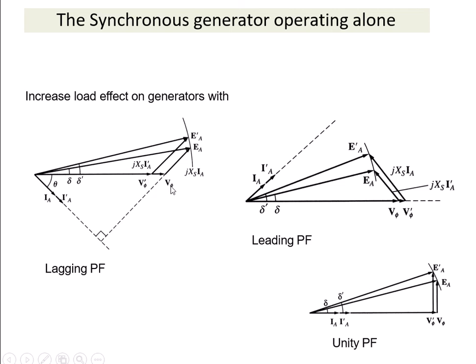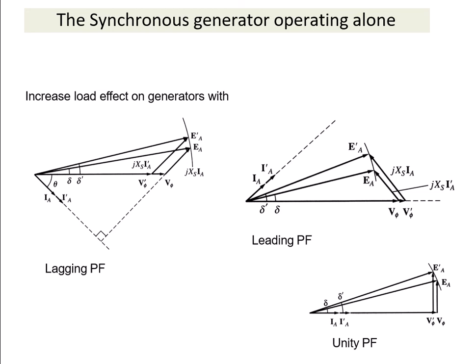Why this decrement? The reason is that when the current is increased, our voltage drop will increase, because the reactance and resistance are fixed. So if current is increased, the voltage drop in the reactance and resistance will increase. And you already know that the terminal voltage is the generated EMF minus this voltage drop.